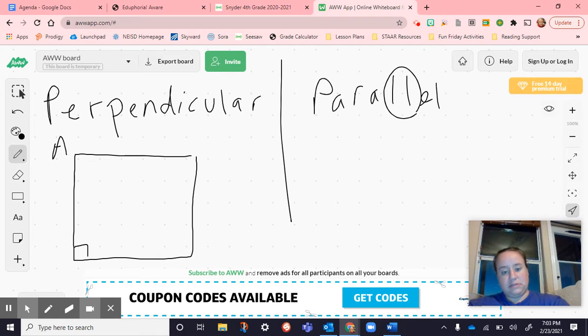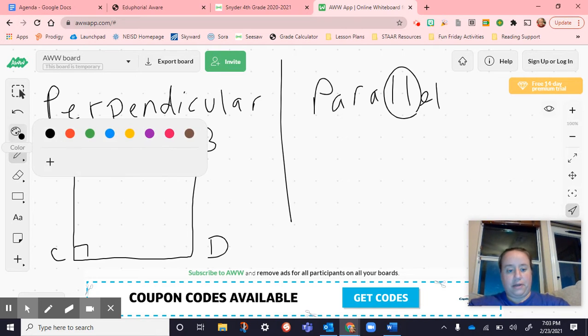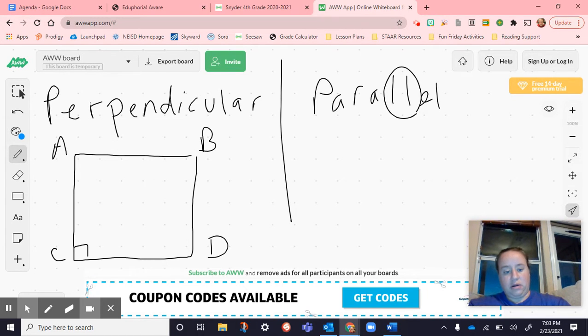So if this is A, B, C, D, we could say that right here, AC is perpendicular to CD.